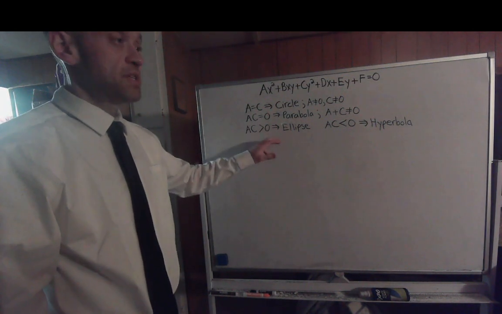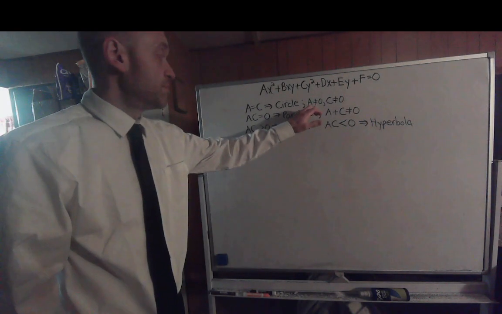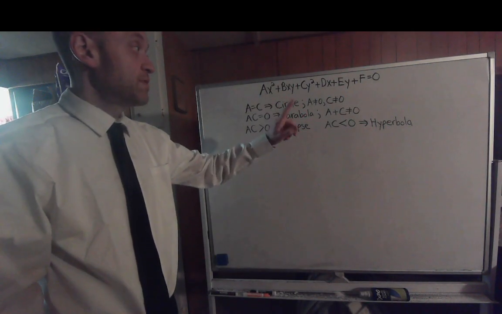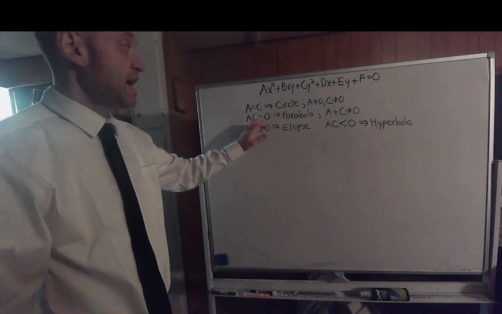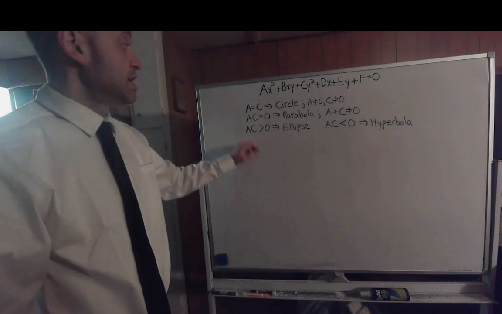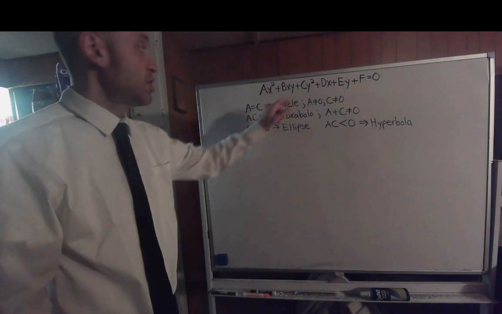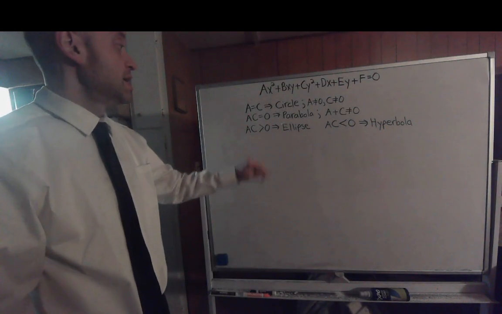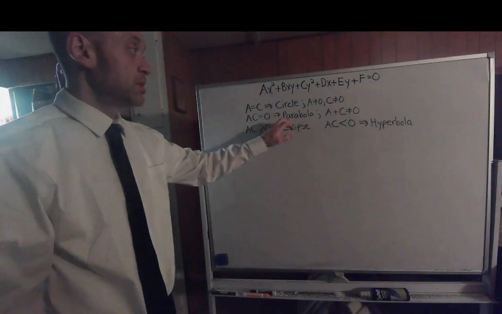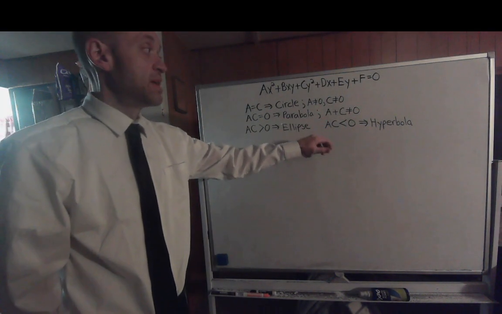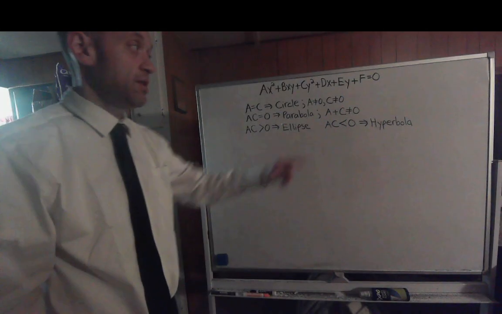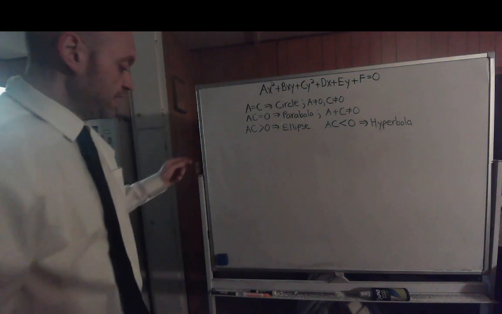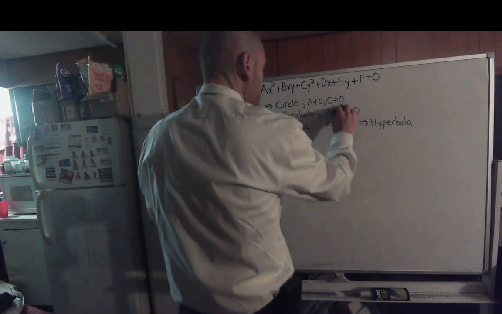This is provided neither a nor c equals 0, because if either one of them equals 0, what you actually have is a parabola. If a times c, the coefficient on the x squared times the coefficient on the y squared, equals 0, you have a parabola. I probably don't want to say a plus c can't equal 0.